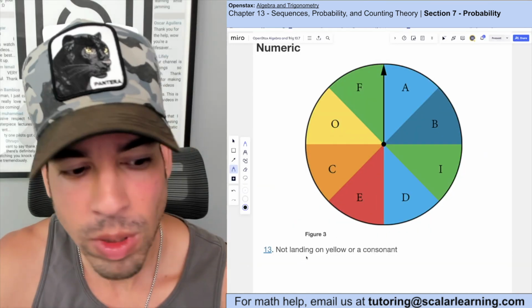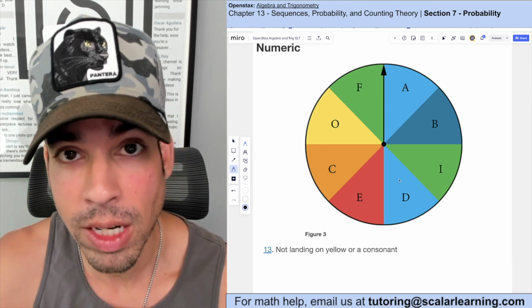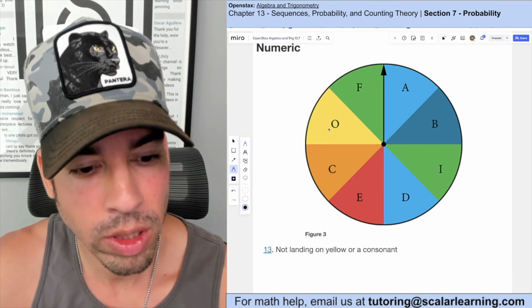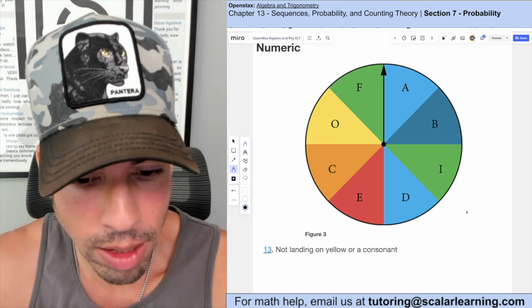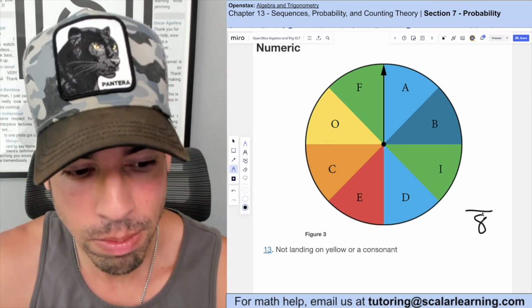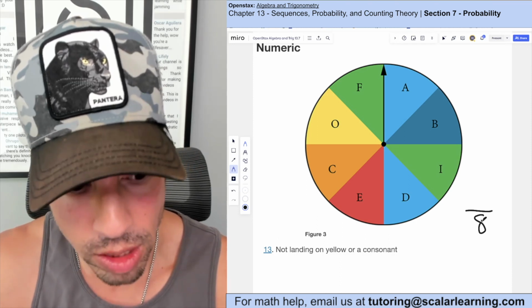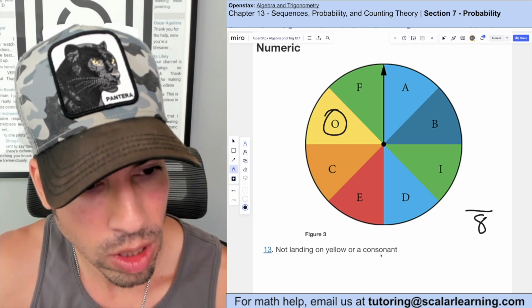Done. So this one is asking, what's the probability of not landing on yellow or a consonant? So what we're going to have to do is count up both the yellows and the consonants and then subtract that from the total, which is 8. We're starting with 8 on the denominator because that's the total number of possibilities in this universe of the wheel, right? So what is yellow? That's this one, the O. And what is a consonant?